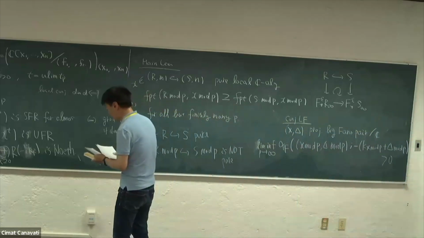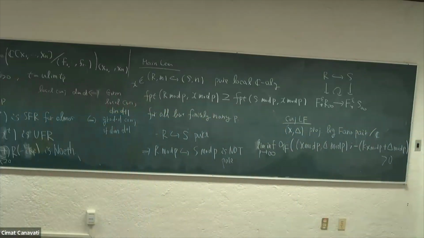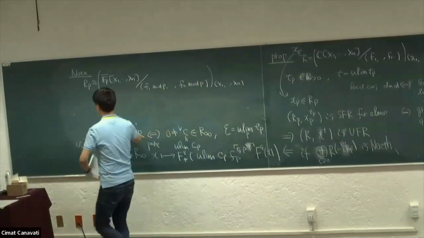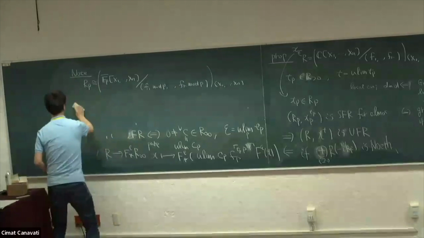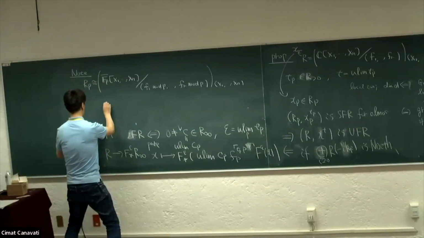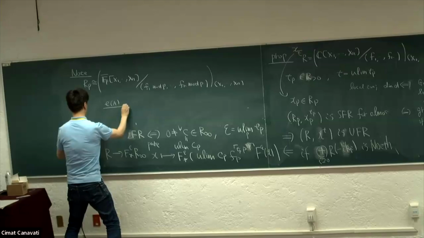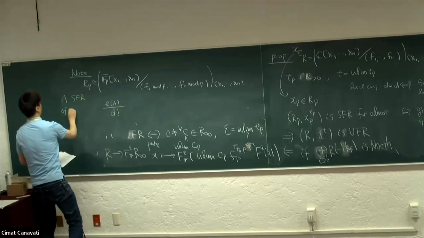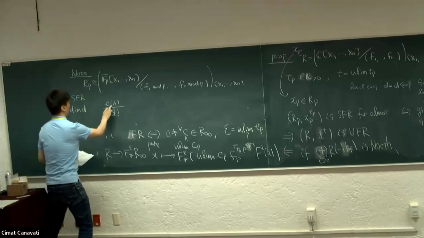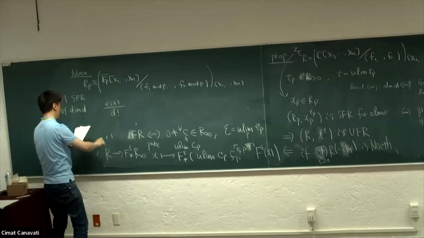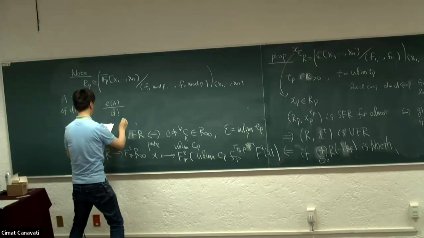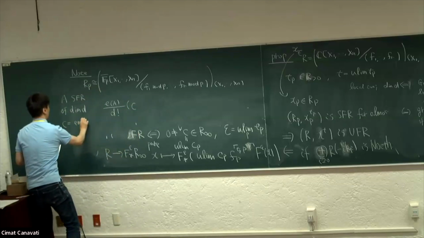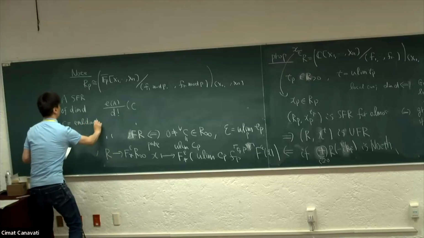Suppose A is a strongly F-regular ring of dimension d, e(A) is the Hilbert-Samuel multiplicity, and c is the embedding dimension of A plus 1.